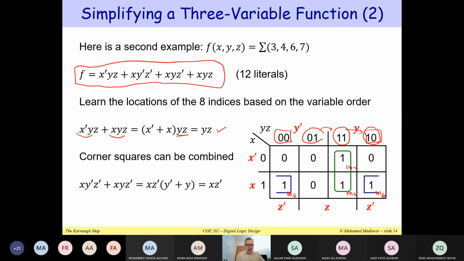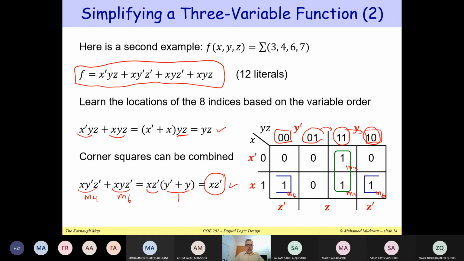So when you look at minterm 4, this is minterm 4 here. This is minterm 6. Notice that xz prime is common. They have the same x equal to 1, and the same z equal to 0, that's z prime. And they differ in y. So y prime or y, according to Boolean algebra, is equal to 1, and therefore we can simplify it to only xz prime.